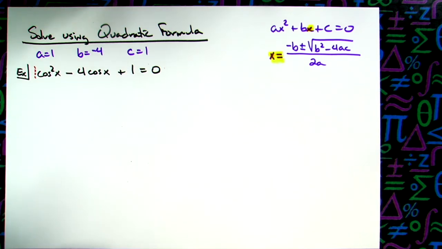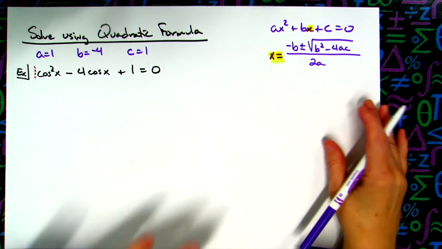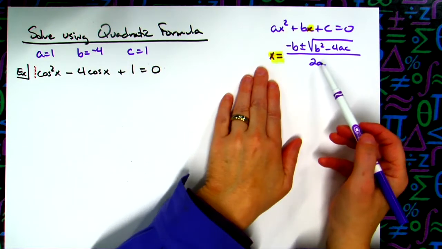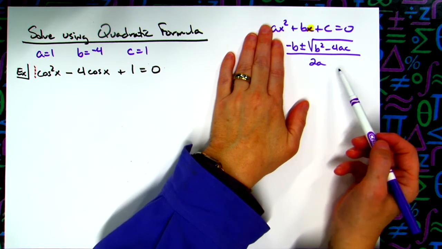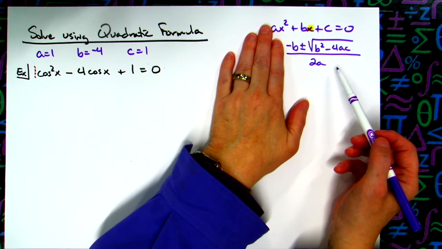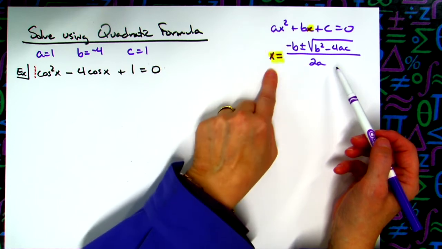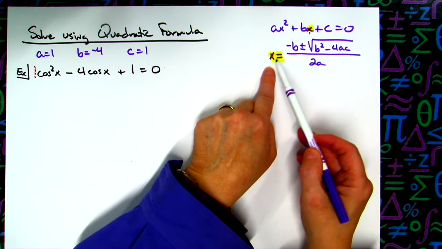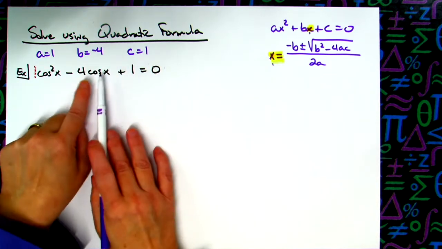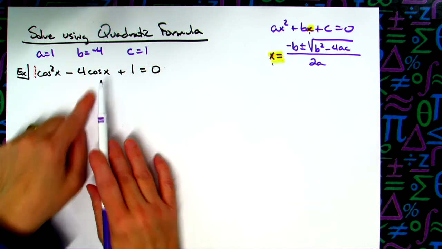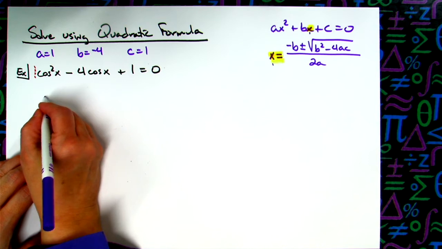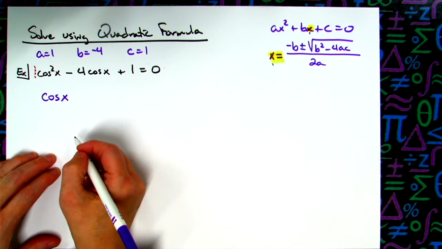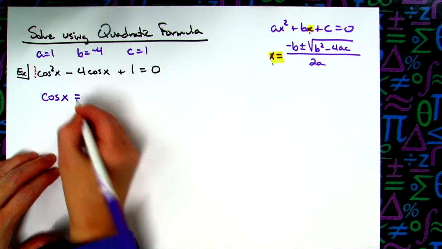All right, but now, I don't want you to do this like you did it in Algebra 2. In Algebra 2, you ignored the left side and just started cranking this out. In this, you can't leave that off. Whatever was right there is right here, but this time I have cosine x. So I have to start with cosine x, I have to have that cosine x there, is equal to.